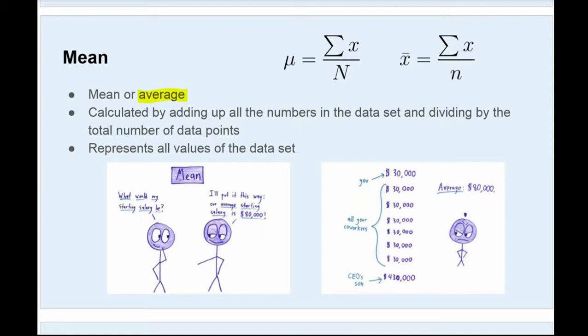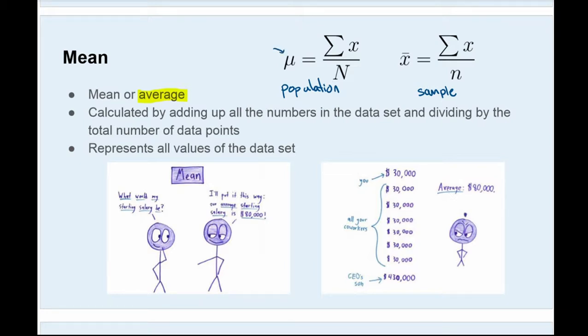The difference is that one is looking at a population, an entire population of data, which is everyone, and the other is looking at a sample. The steps to solve for it aren't any different. It's still the exact same thing. We just have different variables or symbols used in our notation.